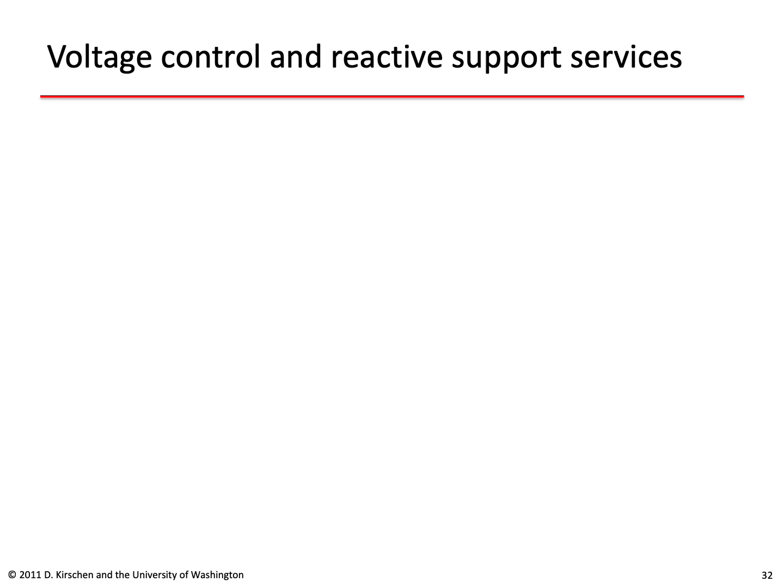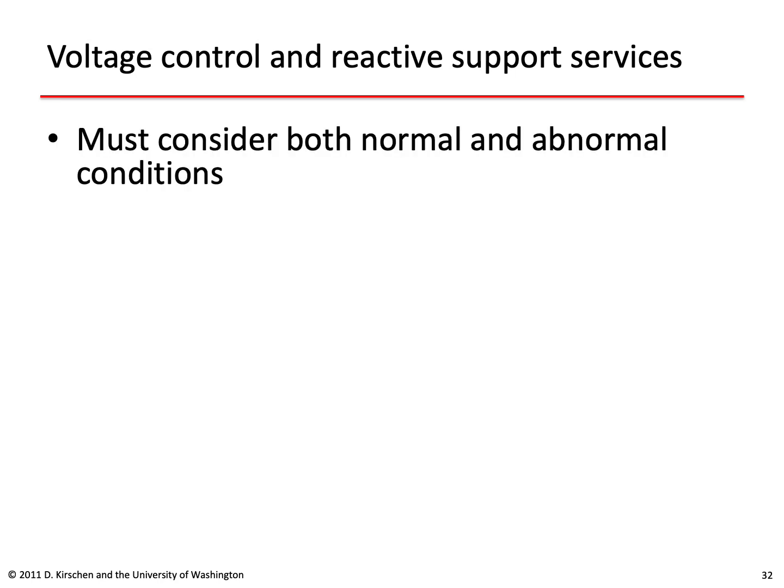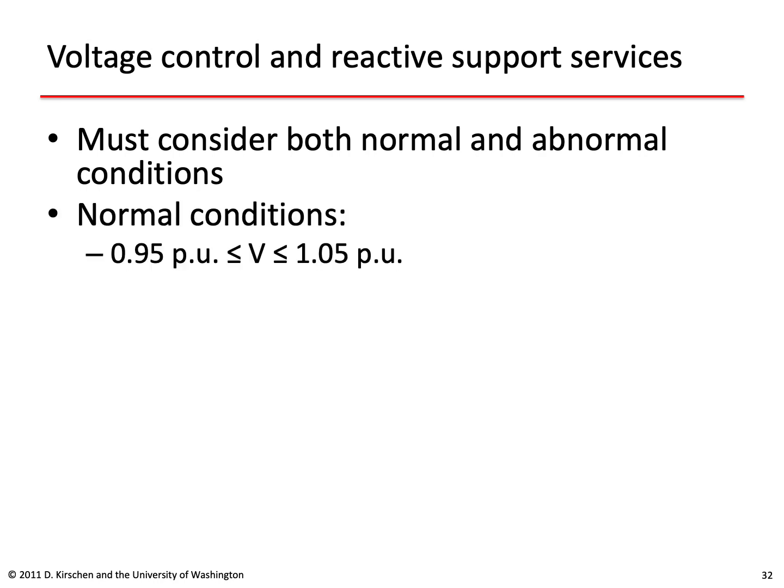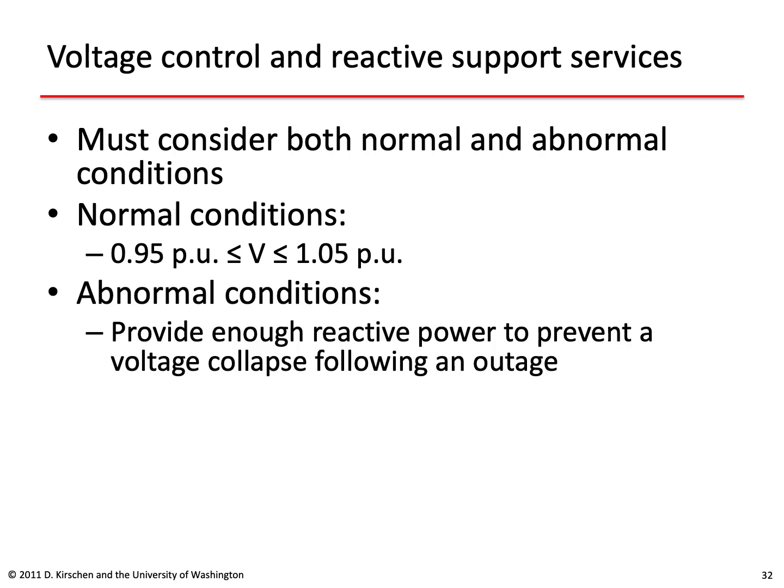And when we specify these voltage control and reactive support services, we must consider both the normal and abnormal conditions. By normal conditions, I mean, for example, keeping the voltage at all buses between 0.95 per unit and 1.05 per unit. And by abnormal conditions, I mean providing enough reactive power to prevent a voltage collapse in the event of an outage of a line.